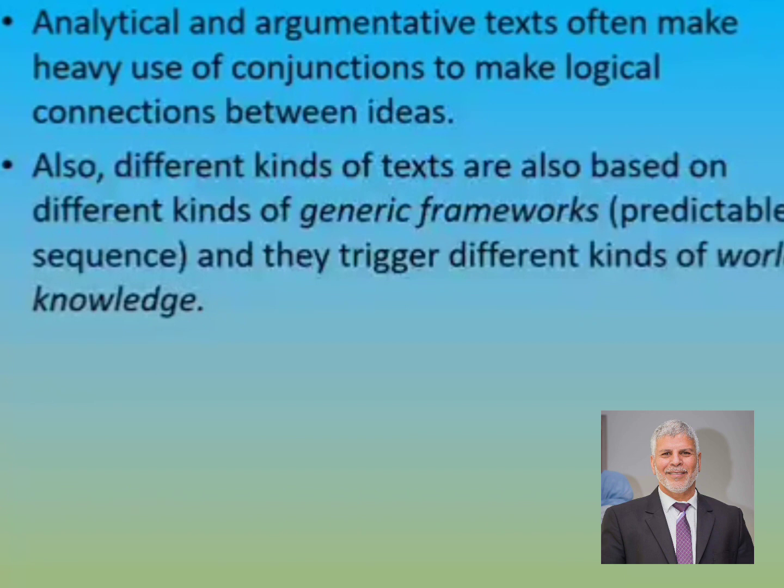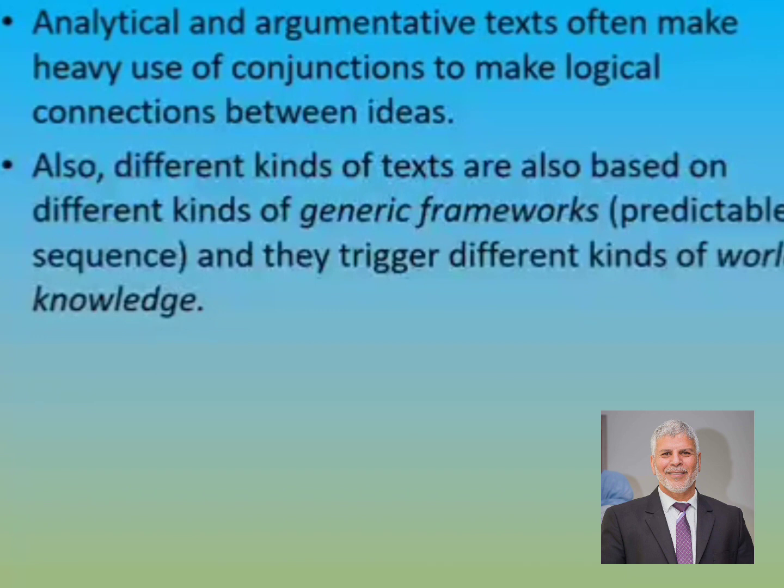So that is what we call generic framework. For example, the news article text will start with a headline, and then maybe we have a main headline and a secondary headline, and then we will have the body divided into small paragraphs, and so on. So that is the structure of this kind of text. That is a generic framework.